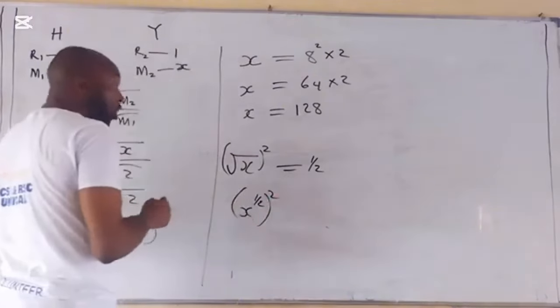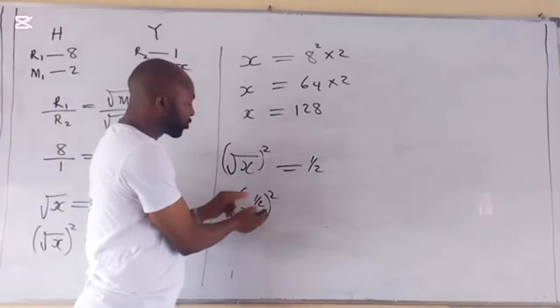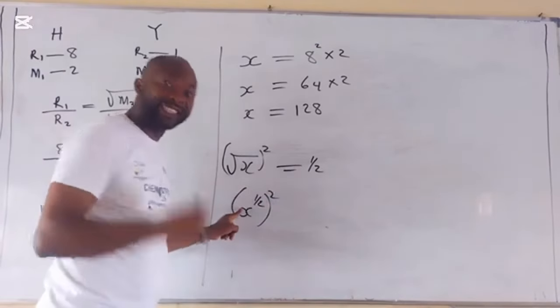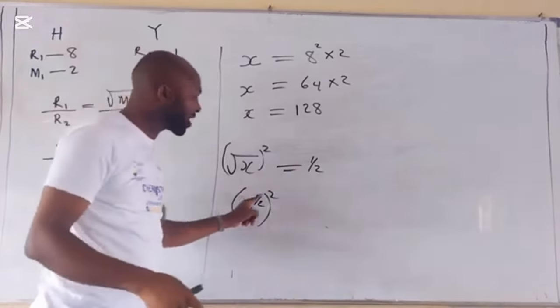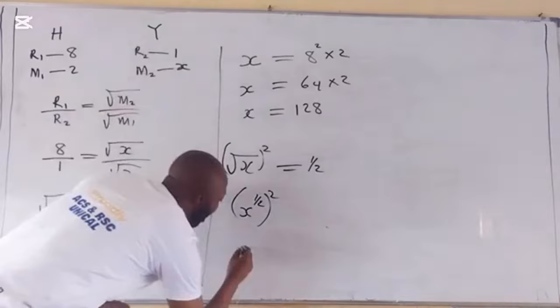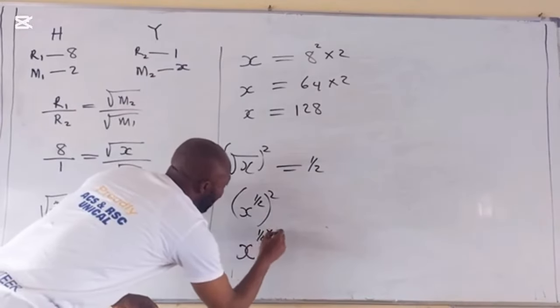The power law of indices says that when a number x is raised to a certain power, which is again raised to another power, the powers are multiplied together. So I have x raised to the power 1 over 2 times 2.